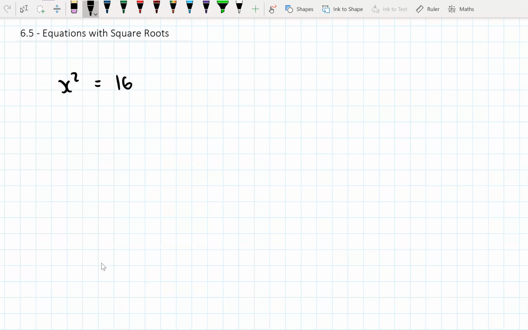But what we actually do is we take the square root of both sides, okay? So what we actually get is x is equal to the square root of 16, or x is equal to the negative square root of 16, okay? And then we get x is equal to 4, or x is equal to negative 4. Okay, this is how we work out what x is.